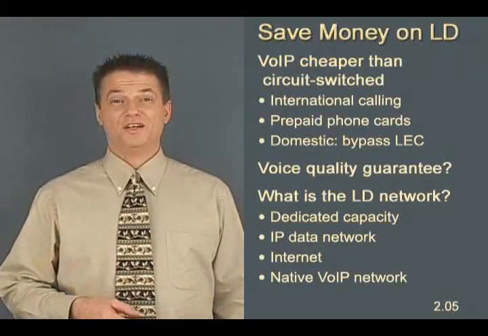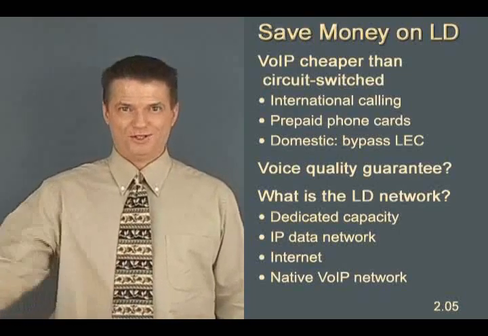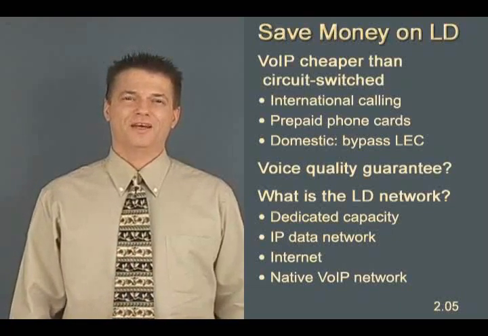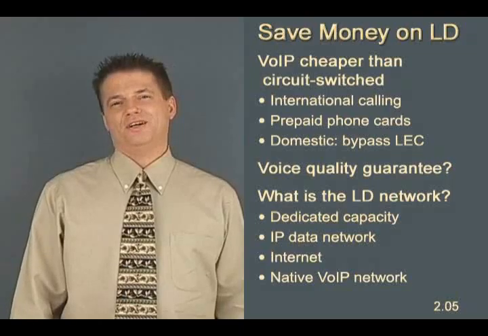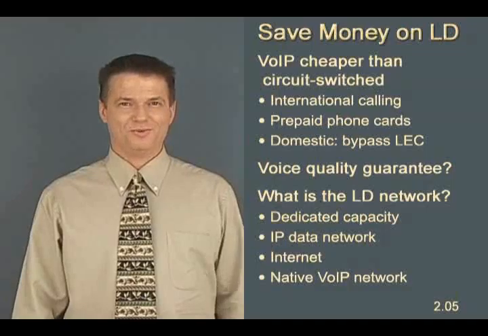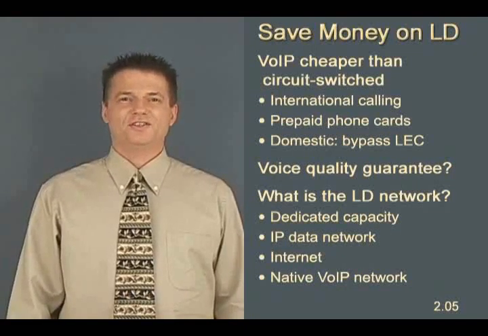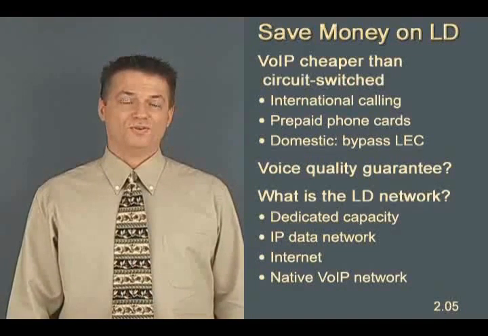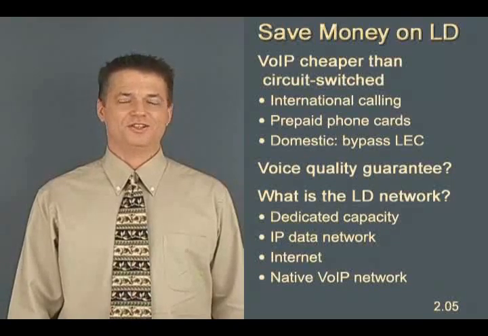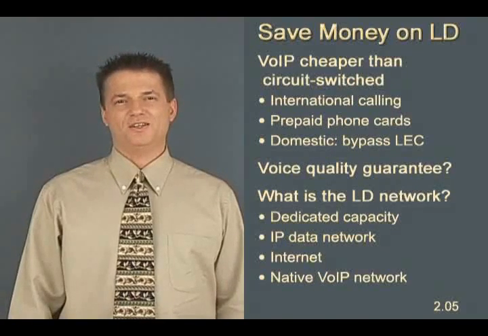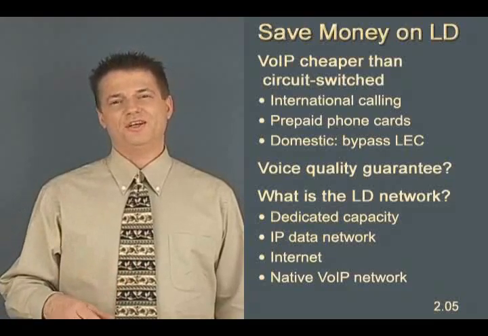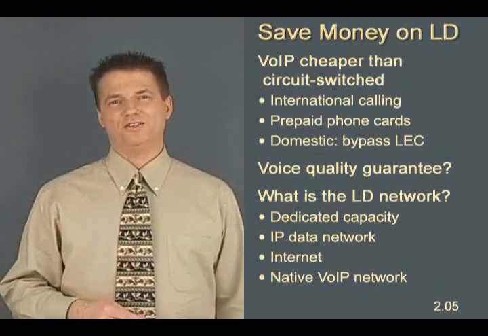And we might start being tempted as a carrier not to use dedicated capacity for our trunks, but instead use a packet network service from some other carrier in order to move those IP packets back and forth. Now, that could be an IP VPN service, and as we mentioned in Chapter 1, the idea here is essentially that this is a carefully controlled IP network, and it was designed for data communications, but now we as the reseller are going to get service from this IP VPN network in order to move our IP packets around.